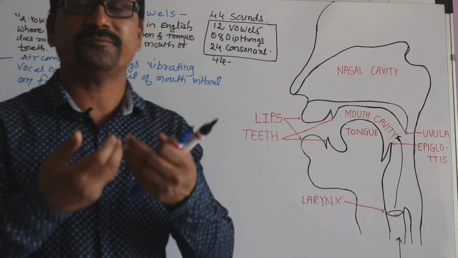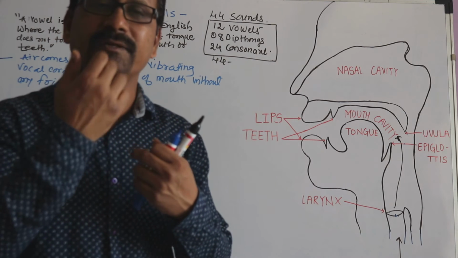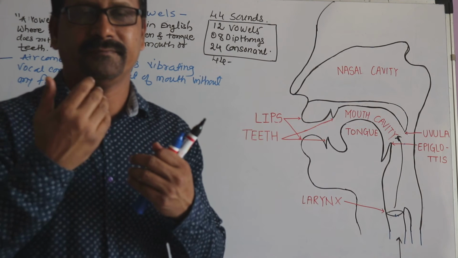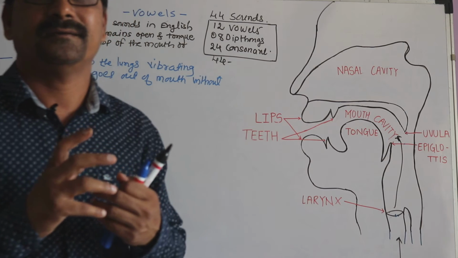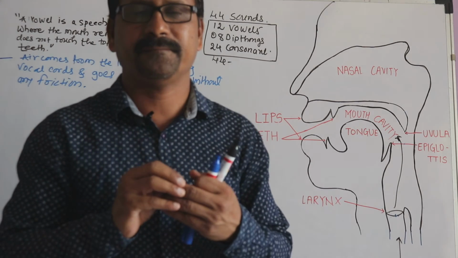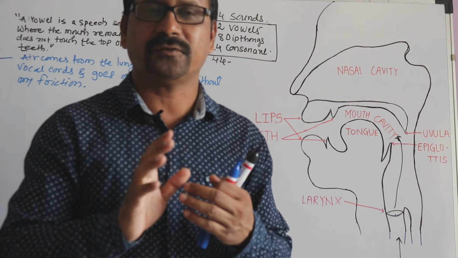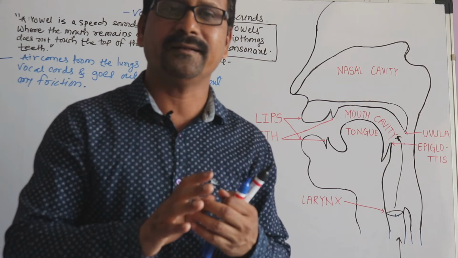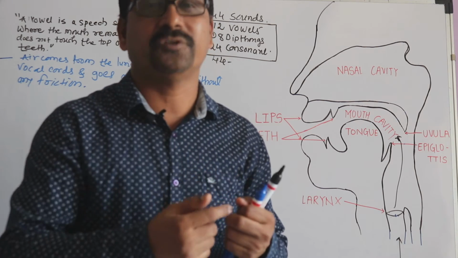So as it comes from the lungs, it comes vibrating the vocal cord, it comes into the mouth cavity, and when it comes into the mouth cavity, there is a slight change in the position of the organs, but the tongue cannot touch the hard palate or the soft palate or the alveolar ridge. As it comes into the mouth, it goes out of the mouth.